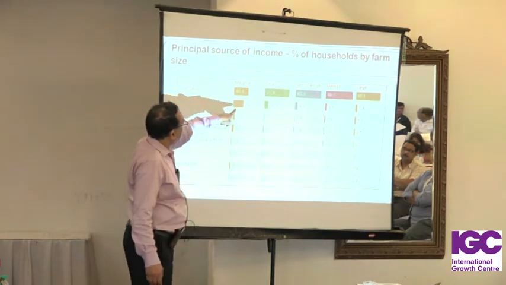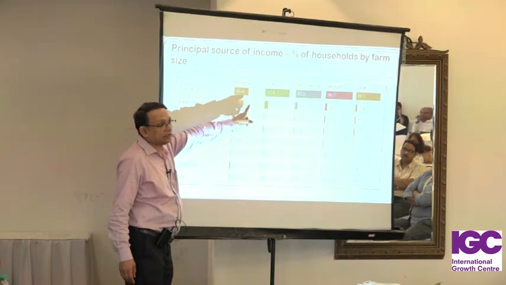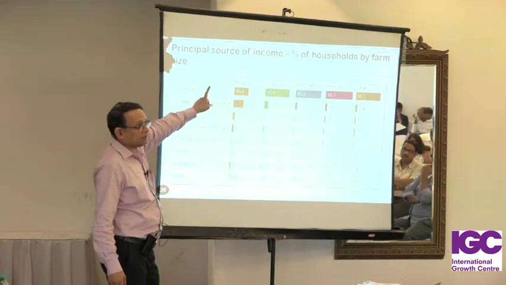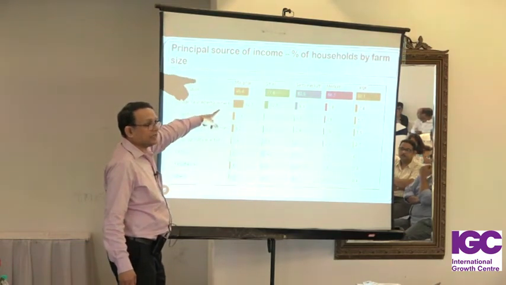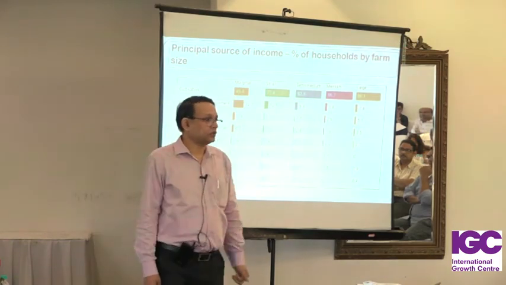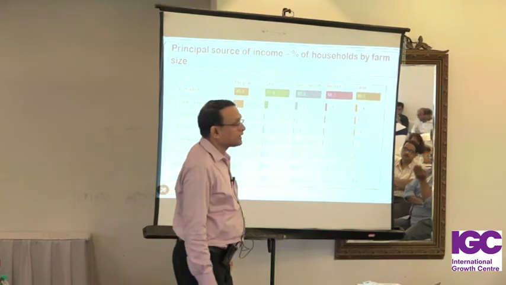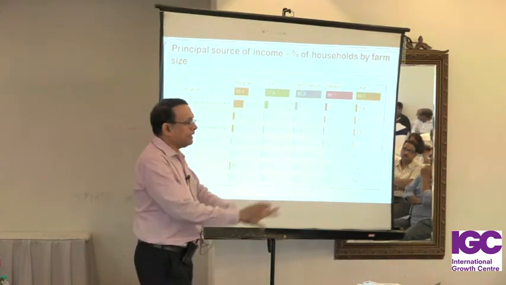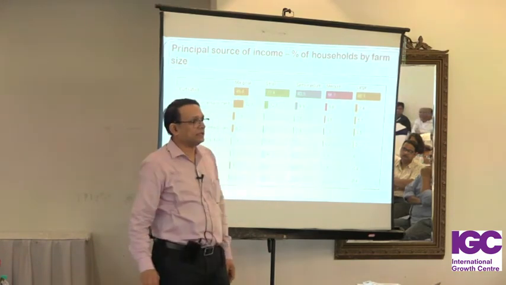Actually, look at this, 32%, nearly 1/3 of marginal agricultural households are saying that for them wages and salaries are the most important source of income. It makes sense. I'm not denying that. This is completely sensible, but this is the reality there.